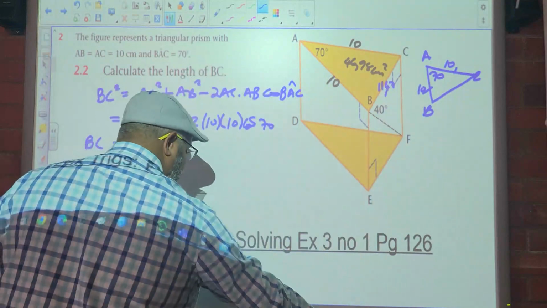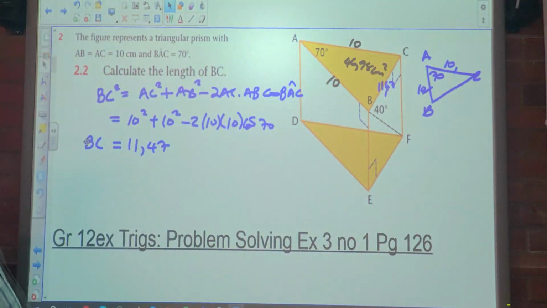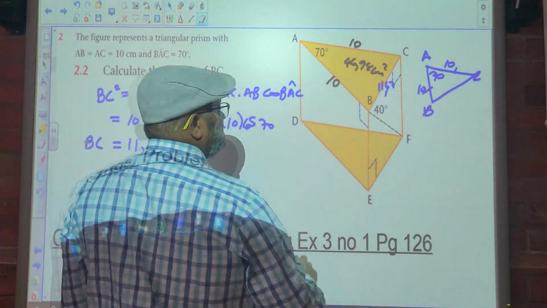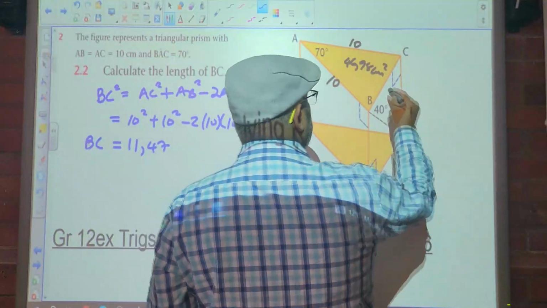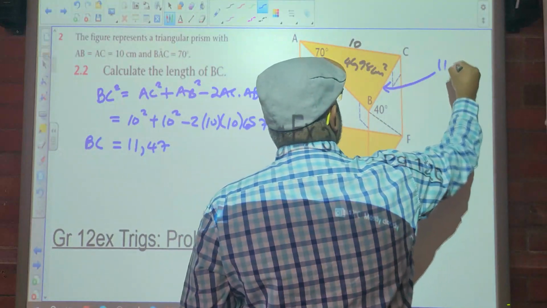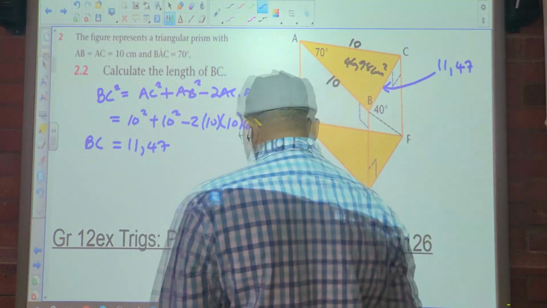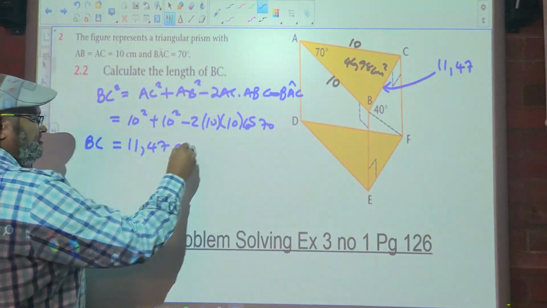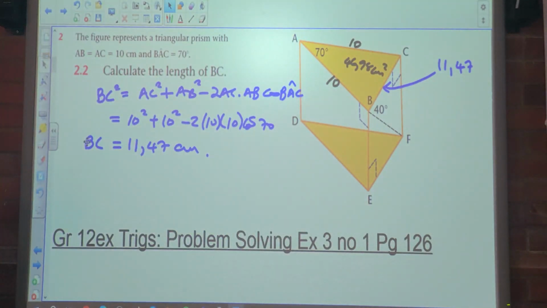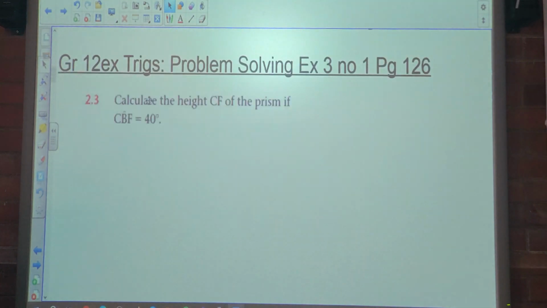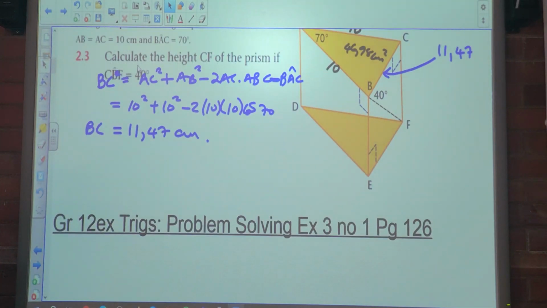Any confusion there? Alright. Centimeters, of course. Then the next question says 2.3.